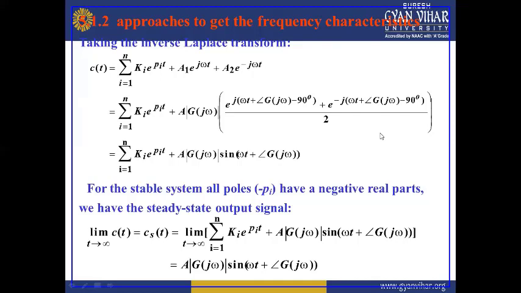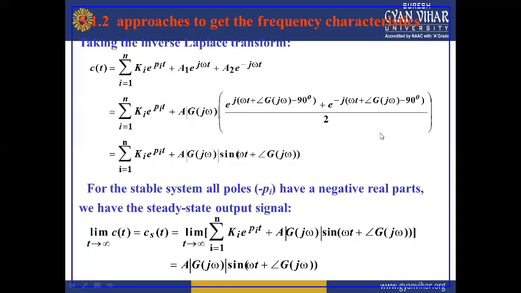Now, with the help of this, we can identify the system stability. That means for a stable system, we know that all the poles must have negative real parts. So for the i poles we are having, all i poles must have negative real parts.